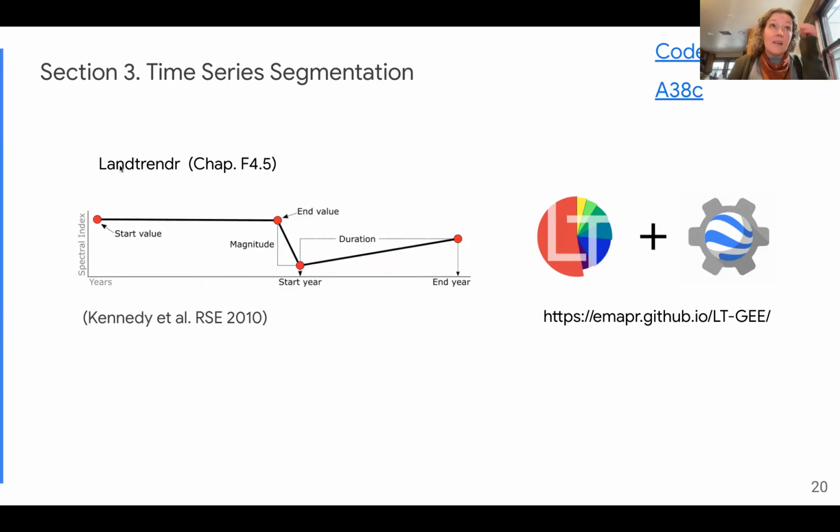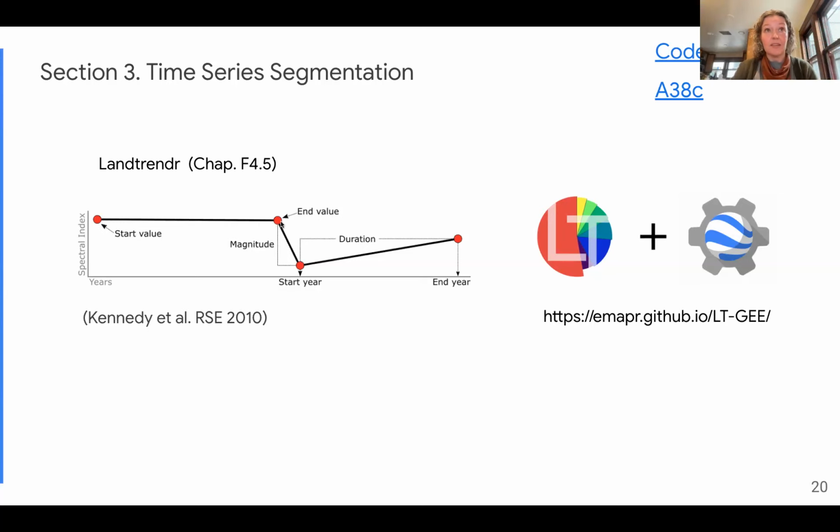So we're going to be applying this LandTrendr algorithm to our time series of residual greenness. From this, we will be able to derive a lot of information, not all of which we're going to talk about today. Essentially, for our time series, it's going to fit a series of segments and give us the start value and end value of every segment.